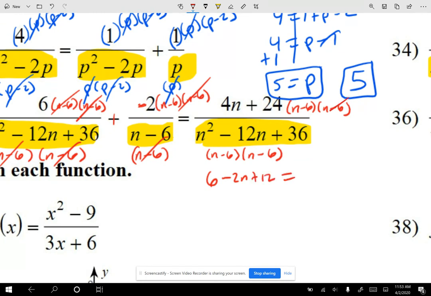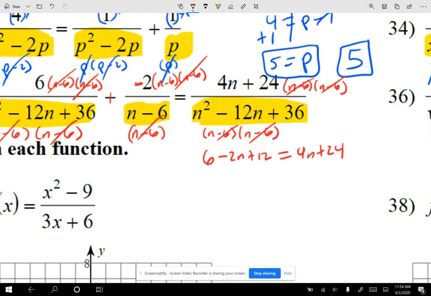Here, n minus 6 with another n minus 6 cancel out, so I get 4n plus 24. Let me simplify each side of my equal sign. So I have that negative 2n plus 18 is equal to 4n plus 24.